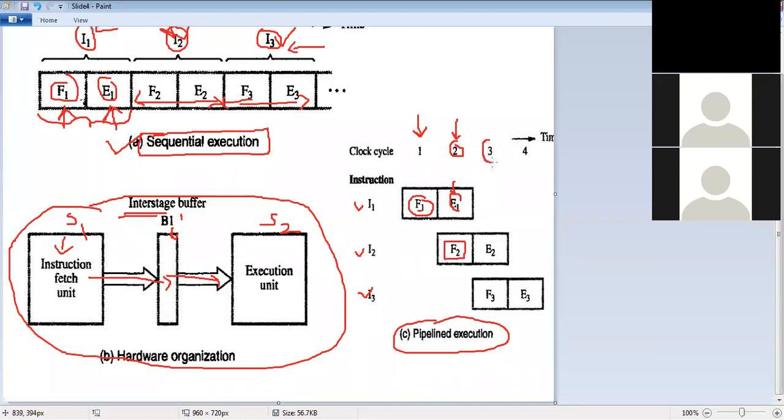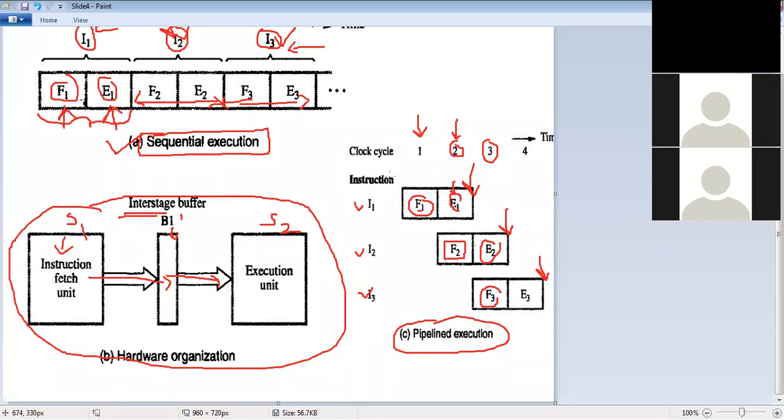And in clock cycle 3, you can see E2 and F3, which means the second instruction is executed and the third instruction is fetched. If you move further, the first instruction is finished at the end of the second clock cycle, the second instruction is finished at the end of the third clock cycle, and the third instruction is finished at the end of the fourth clock cycle.